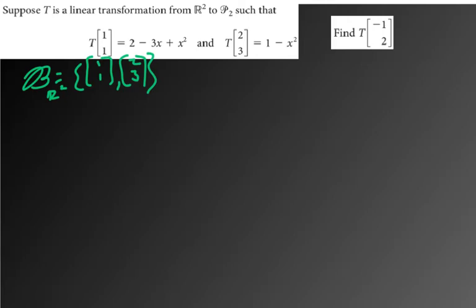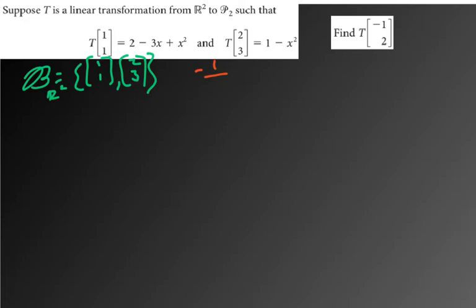So if I want to know what T does to this vector, I can really just figure out what that vector is in terms of this basis, and then do T of that whole thing, and I'll figure out what polynomial I get. You could set up a span matrix to do this, but I'm just going to tell you.